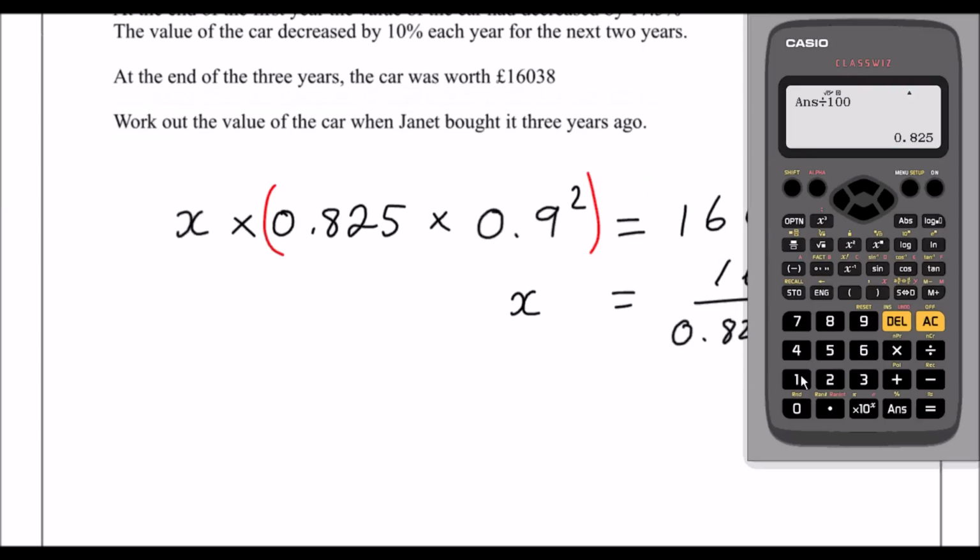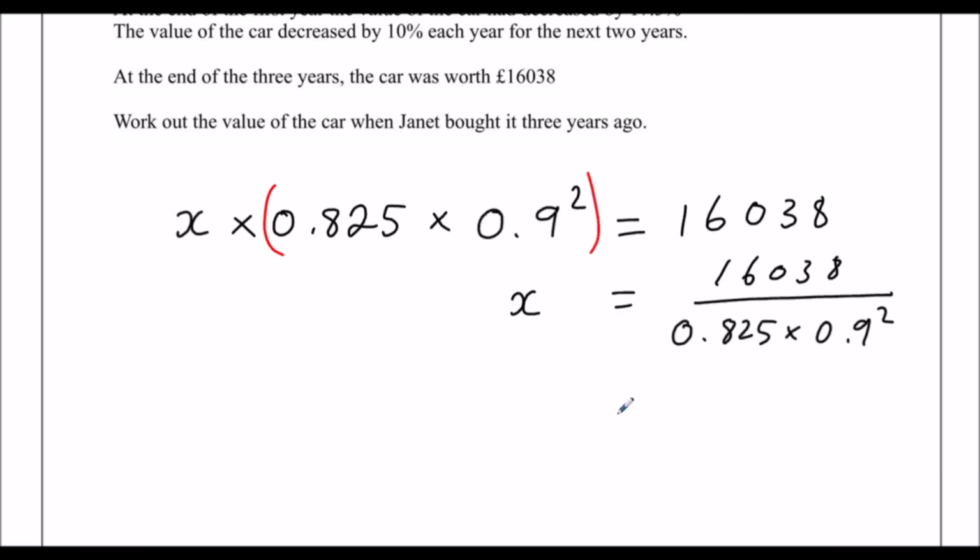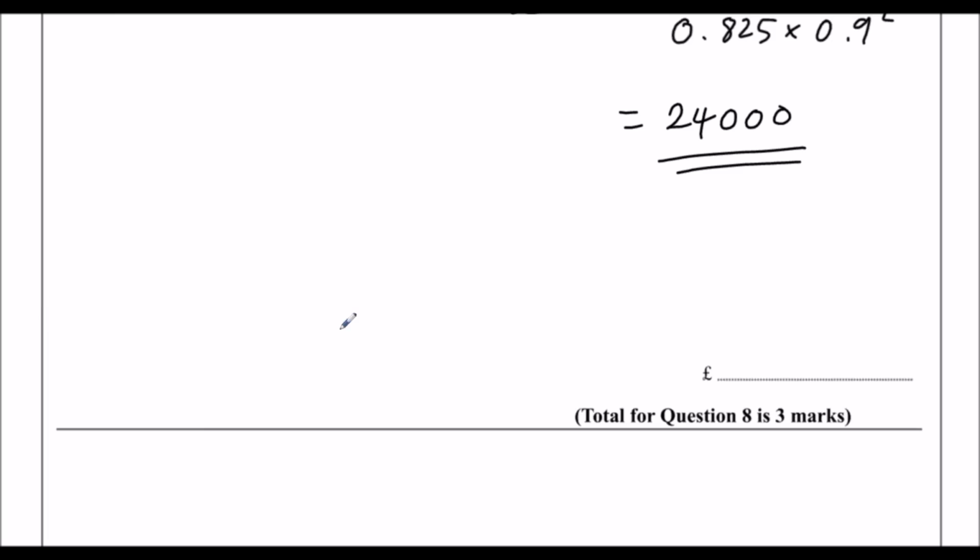So that gives us £16,038 divided by 0.825 times 0.9 squared, and that's £24,000. So if you start with 24,000, take off 17.5%, and then take off 10%, and take off 10% again, you get £16,038.